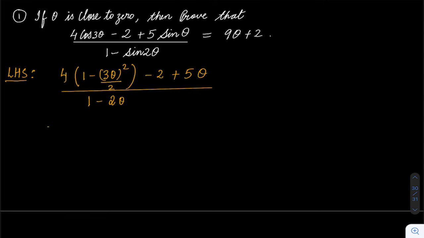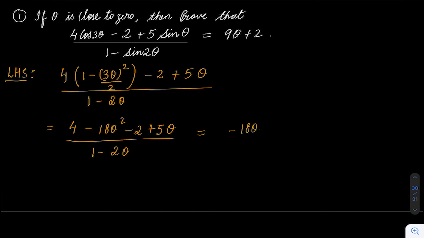This will be 4 minus 9 theta squared into 2, that is 18 theta squared. So this will be 4 minus 18 theta squared minus 2 plus 5 theta divided by 1 minus 2 theta. Okay, so this is minus 18 theta squared plus 5 theta plus 2 divided by 1 minus 2 theta.